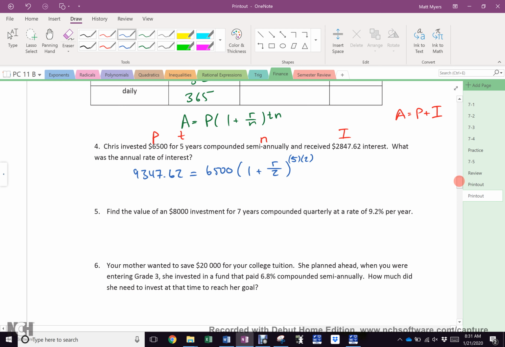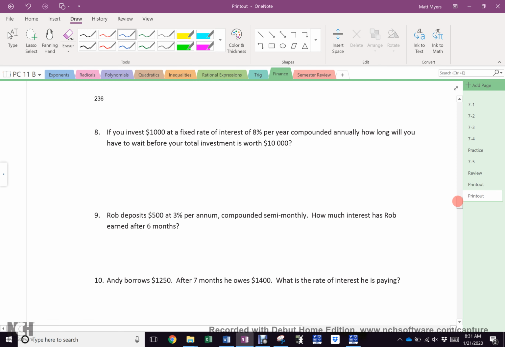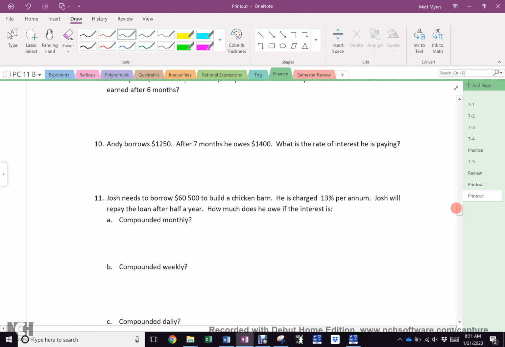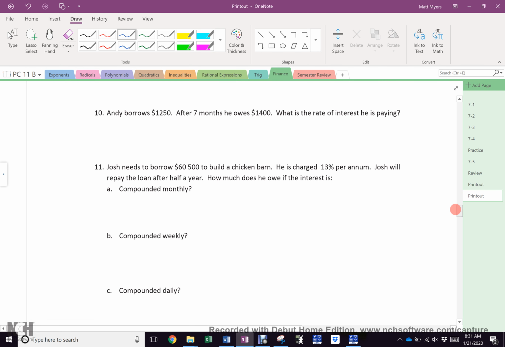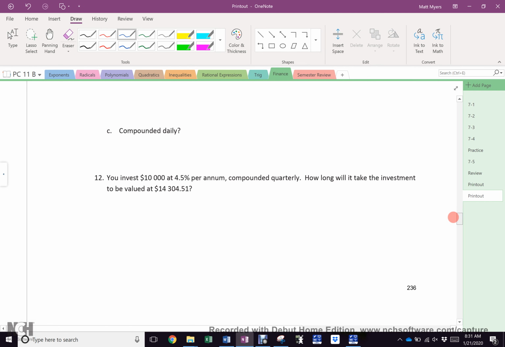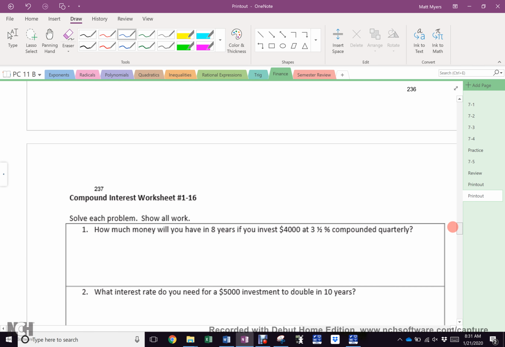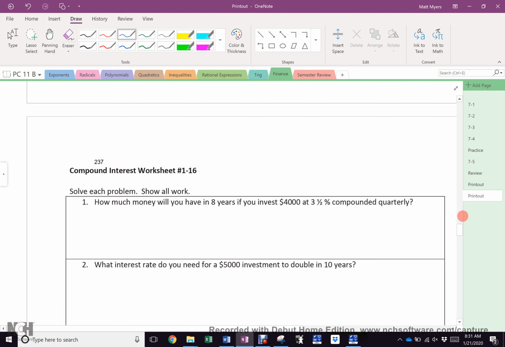Now, I want to cross off some of this work. You can do all of page 236 if you want to practice. 237, don't bother with.